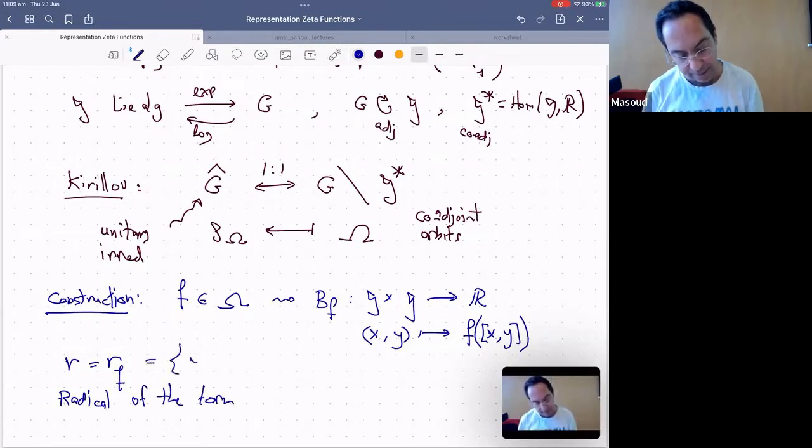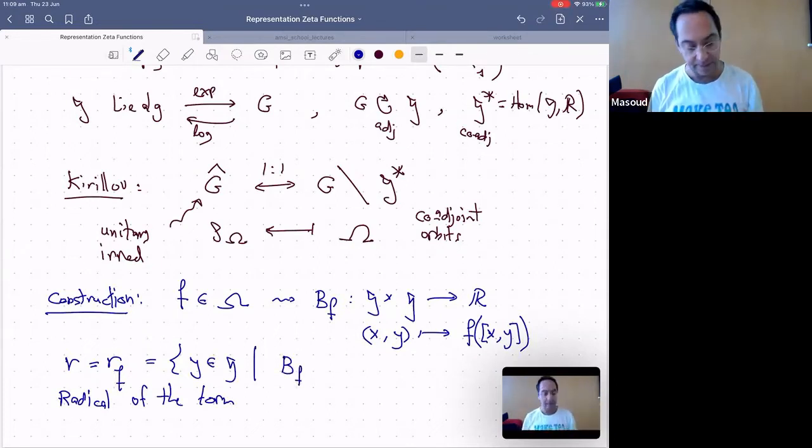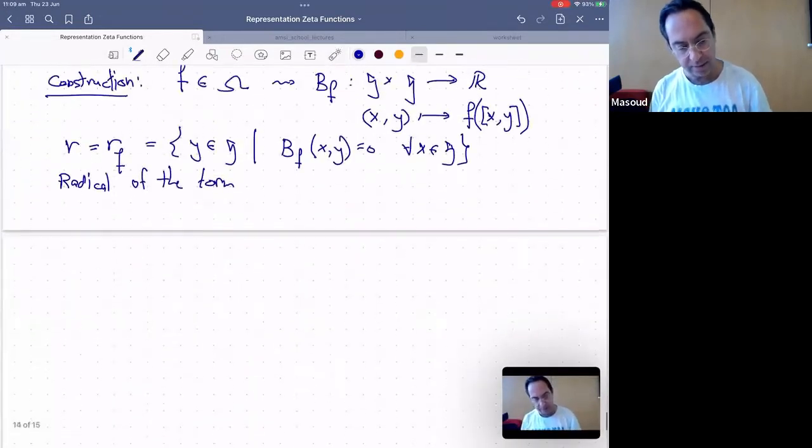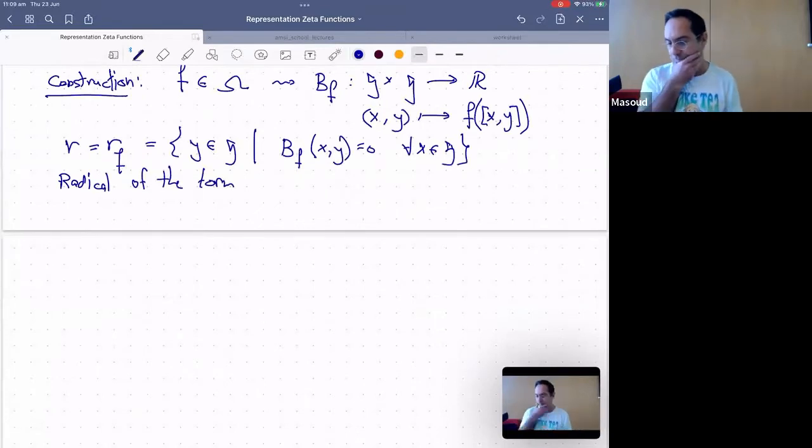So these are all the elements Y in G, such that they are orthogonal to all the other elements. So B_F of X, Y is 0 for every X in G. So this is the radical of the form.